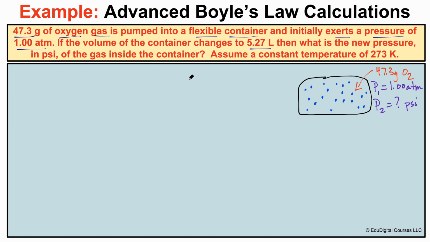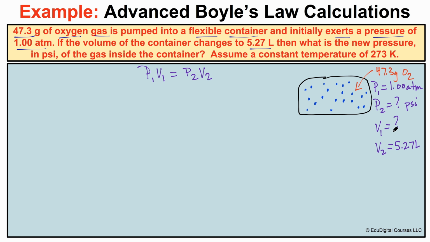If you remember, Boyle's law is P1 times V1 equals P2 times V2. So what we need to do is figure out the initial volume of this container first. The final volume of the container, or V2, is 5.27 liters.